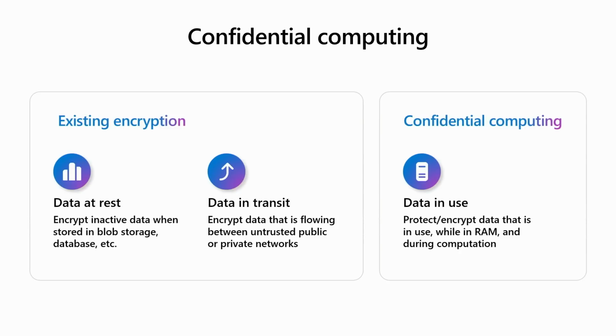Nothing can get into it after it's been created. Nothing can see into it after it's been created. And it's even encrypted physically when that data leaves the CPU and goes to memory. So even somebody with physical access can't easily sniff the memory bus, for example, and see the data.